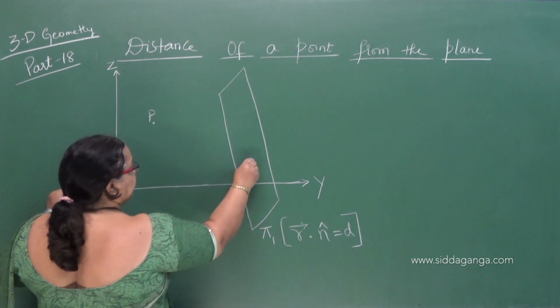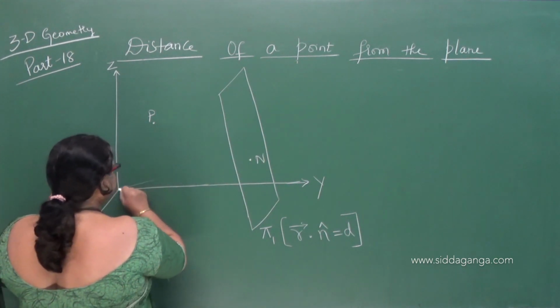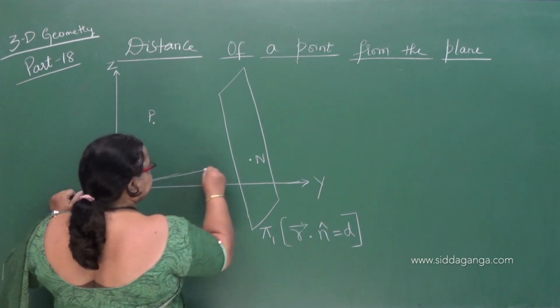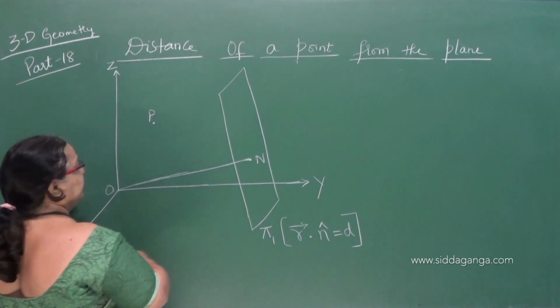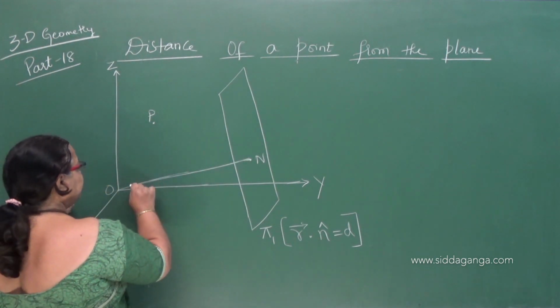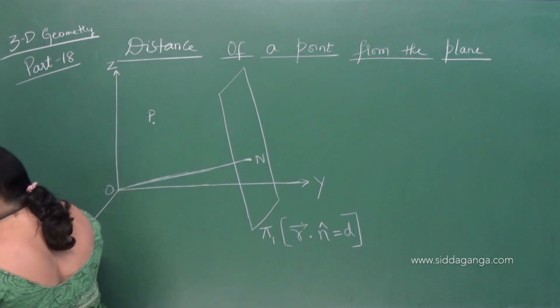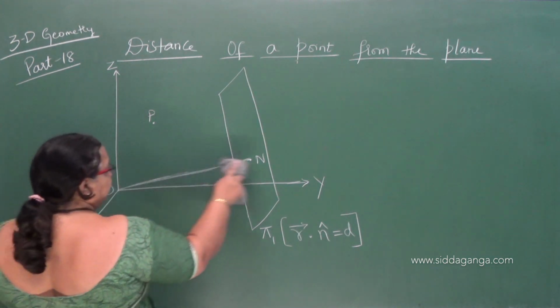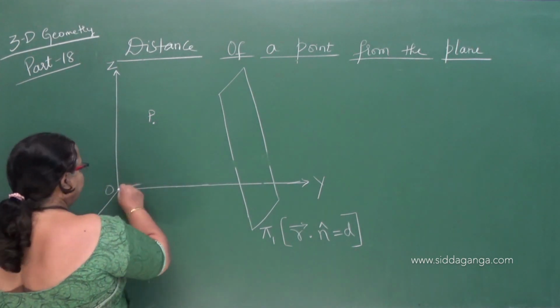You take this as point N. Now this distance, ON distance, is nothing but d. So ON distance ಏನಾಗುತ್ತೆ ನನಗೆ ಅವಾಗದು d ಆಗುತ್ತೆ. This is the normal vector drawn according to theorem 1. So we have to draw a normal vector to the plane.